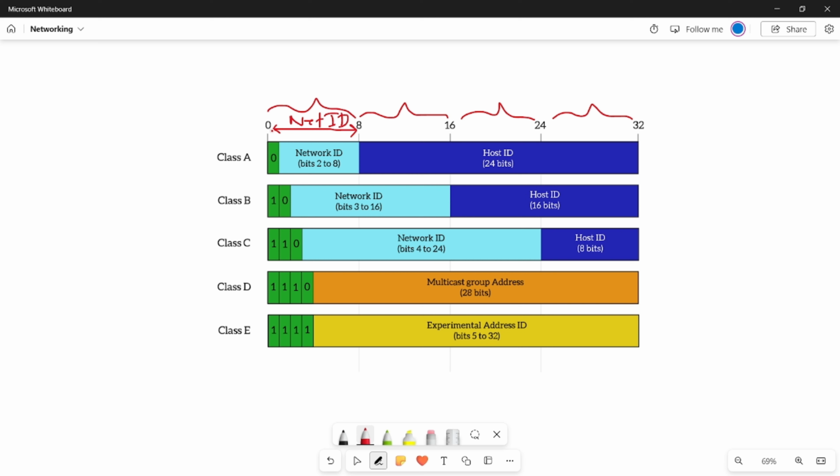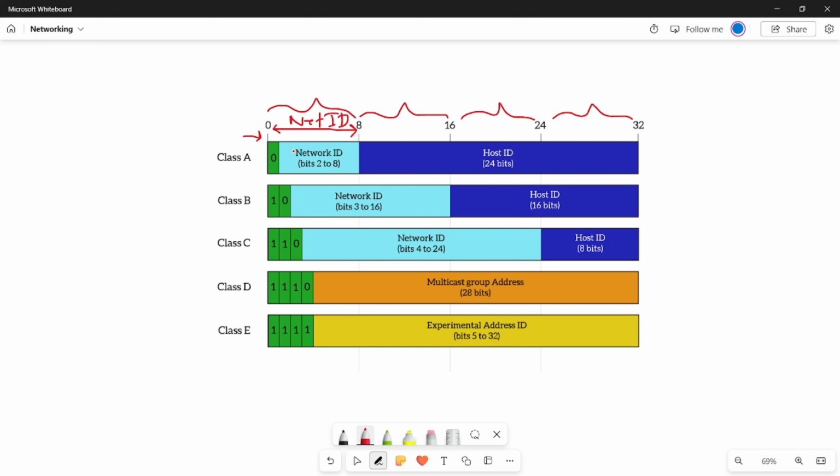So let's say you are given an IP address and you have to find the class of this IP address. It is very important to know the class, because we are going to make subnets using this IP address. We have to know what host IPs we can use for our subnet purposes. If you are given an IP address, you can simply find whether it is class A by looking at the first digit.